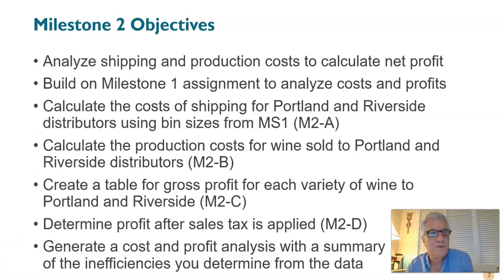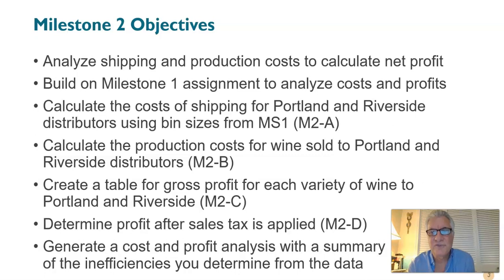So let's go into Milestone 2 objectives. You'll be analyzing shipping and production costs to calculate net profit. In Milestone 1, you basically calculated gross revenue regardless of what any costs were for production and shipping. Now we're calling it net profit.